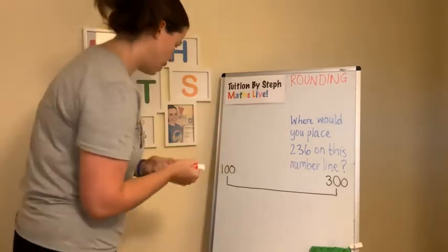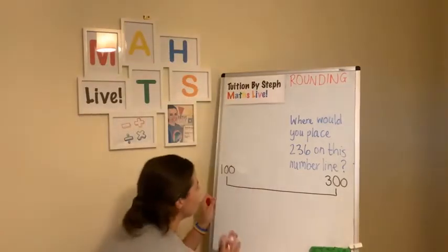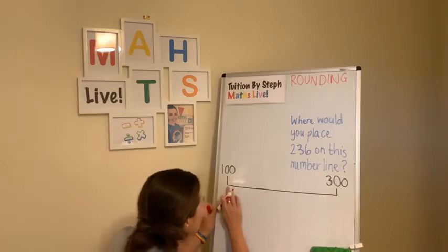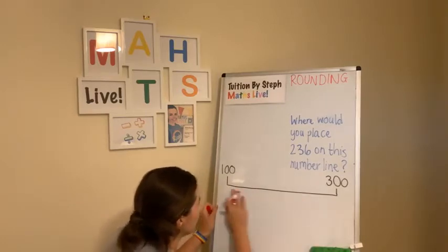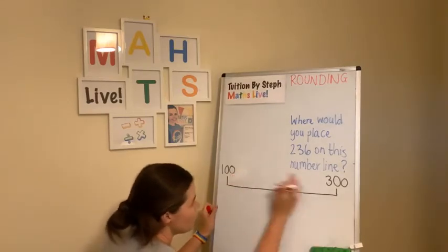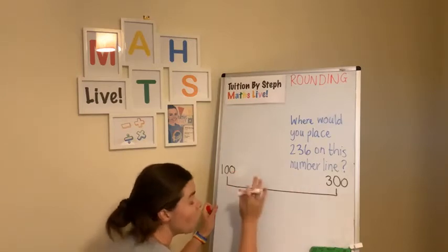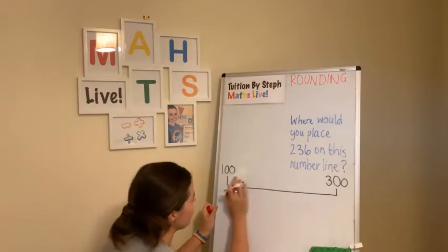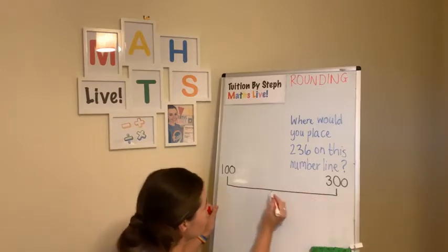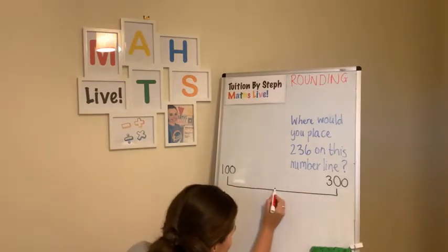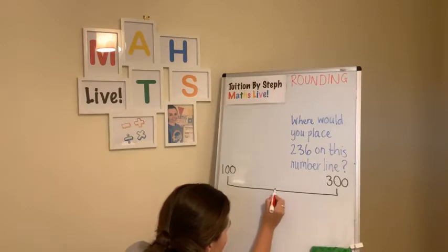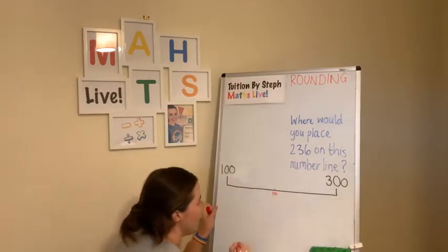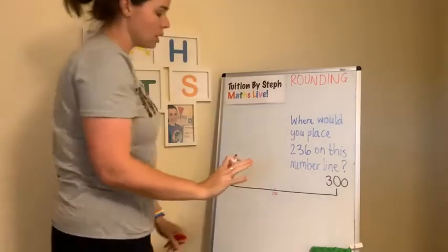So I come down, right, 100 and 300. Because these two values are hundreds, there is 100 in between, that's 200. And 200 is exactly between 100 and 300. So if I try my best, I put a little mark there, you are absolutely allowed to do that.